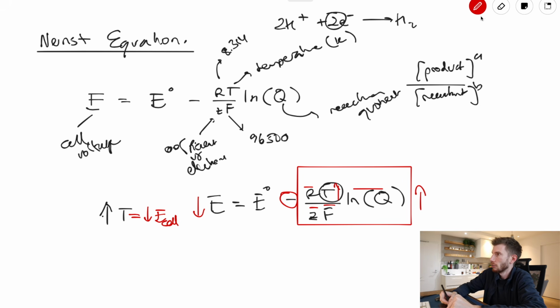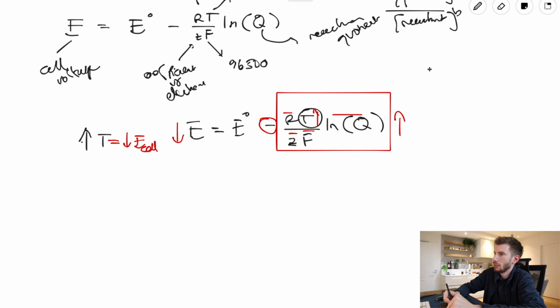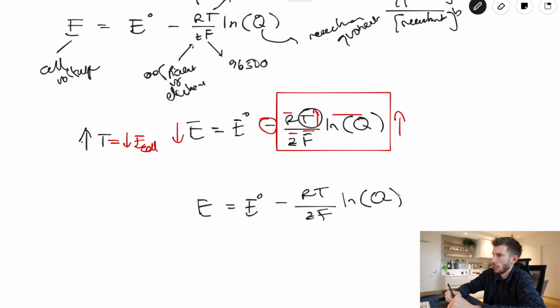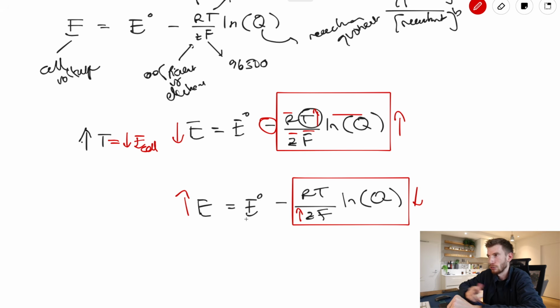Another example, probably should have copy pasted it, is let's look at what happens if we change the mole ratio of the number of electrons. So ZF, LNQ. So in that one, it would have the reverse effect, because if we were to, say, increase the number of electrons transferring, that's going to decrease the value of the fraction and therefore decrease the value of this whole thing. If we take away a smaller number, we end up with a larger result.